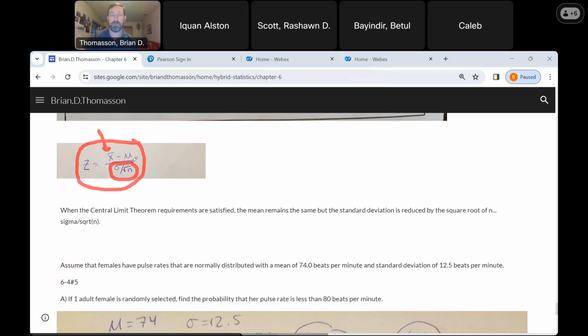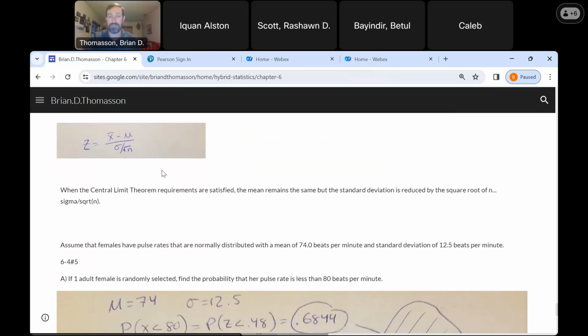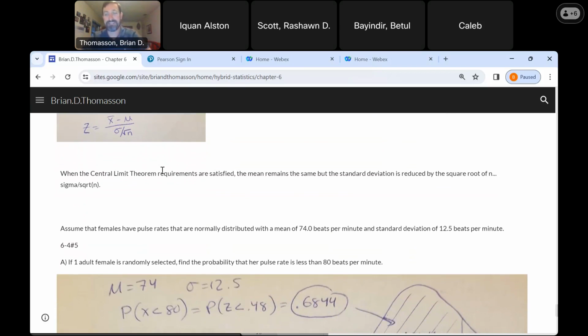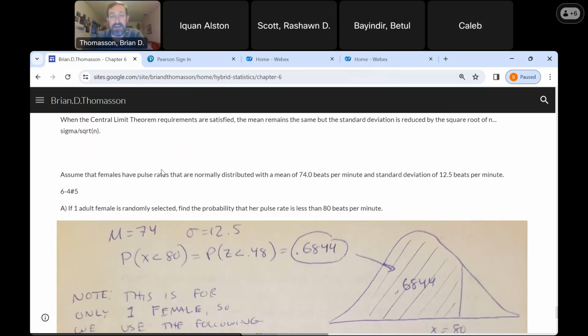Okay, so the old standard deviation over the square root of n. So we have a new conversion. Right. So now that I've got you guys getting confused, we're going to do a problem, and we're going to compare the difference between the two and see how things change, and hopefully get back to where we need to be. Okay. All right, so let's see what we got here.